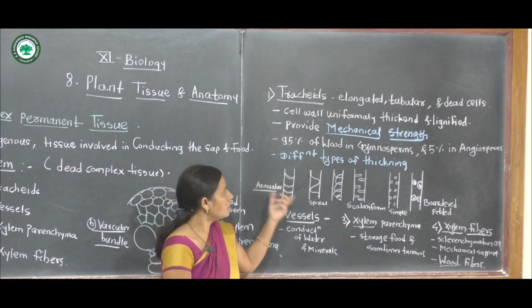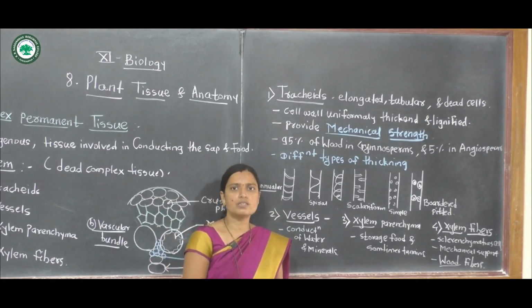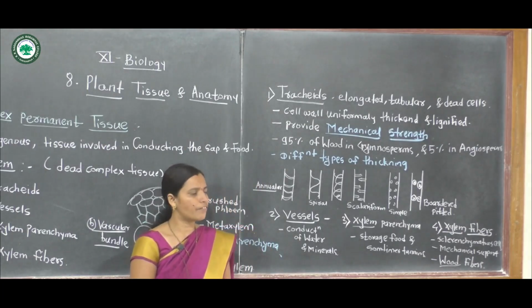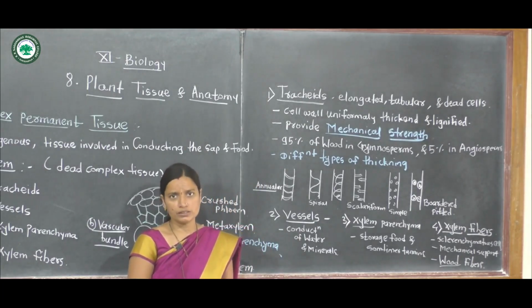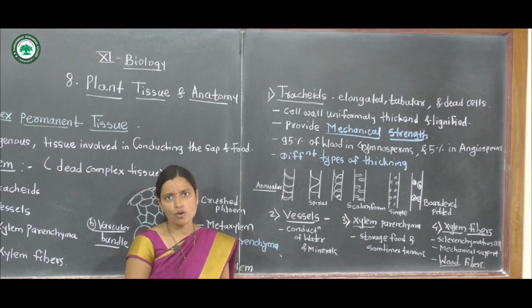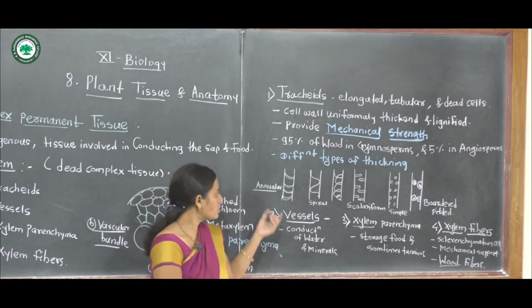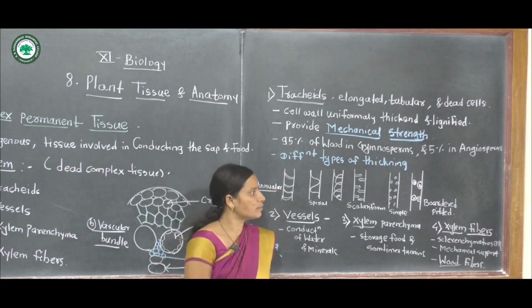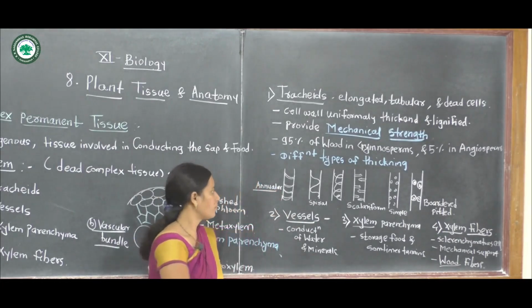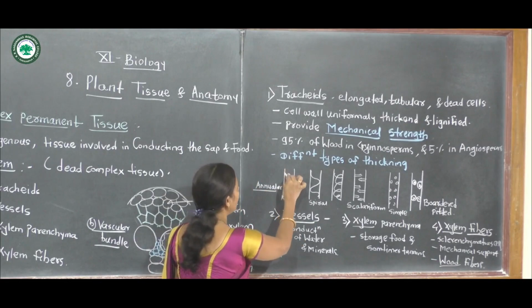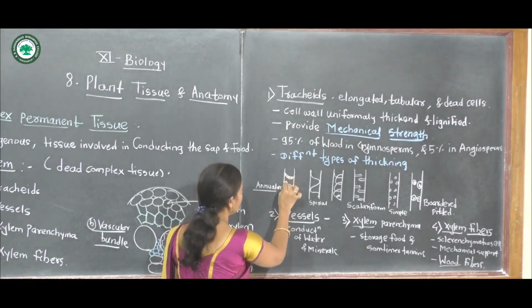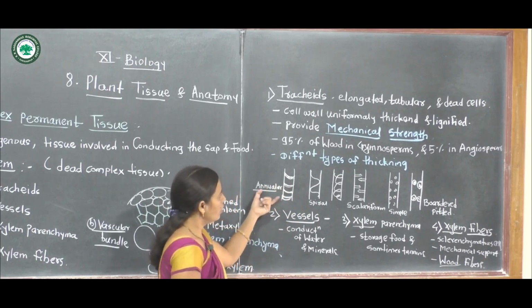There are different types of thickenings of the cell wall of tracheids. The first is annular thickening, a ring-like thickening of the cell wall.